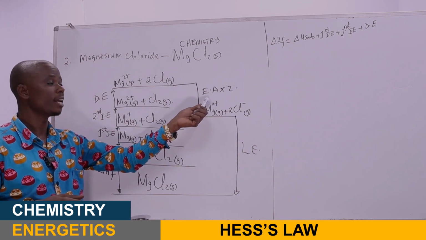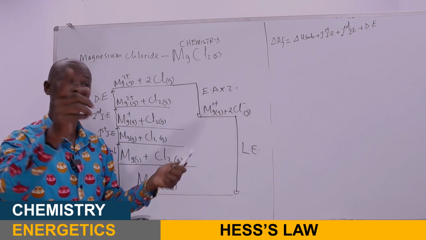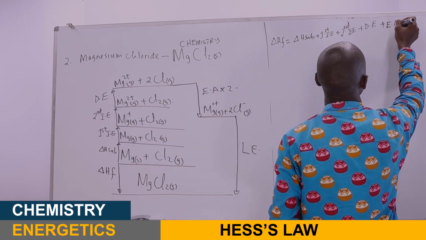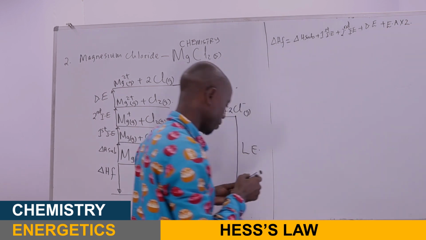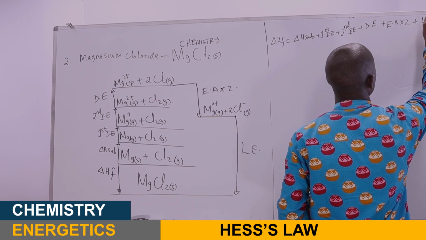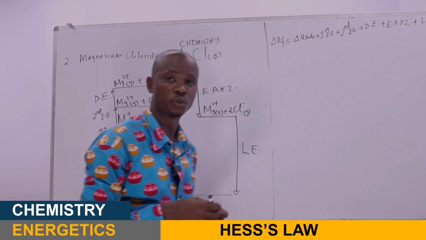We go to another one, electron affinity times 2. It is important to remember. Electron affinity times 2. Then we finish with the last one, lattice energy. That is the formula to use.